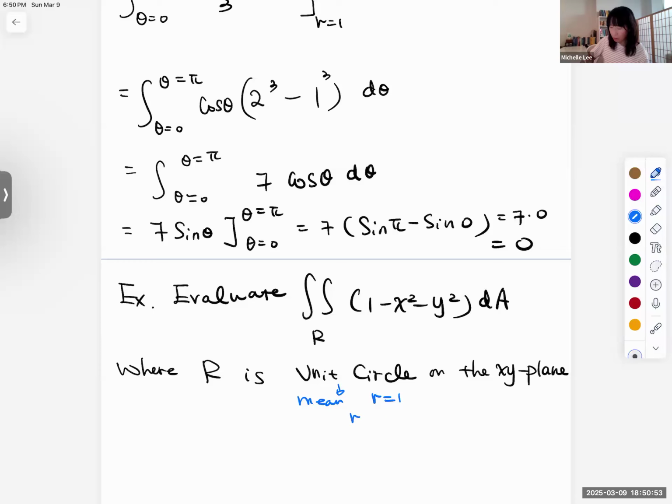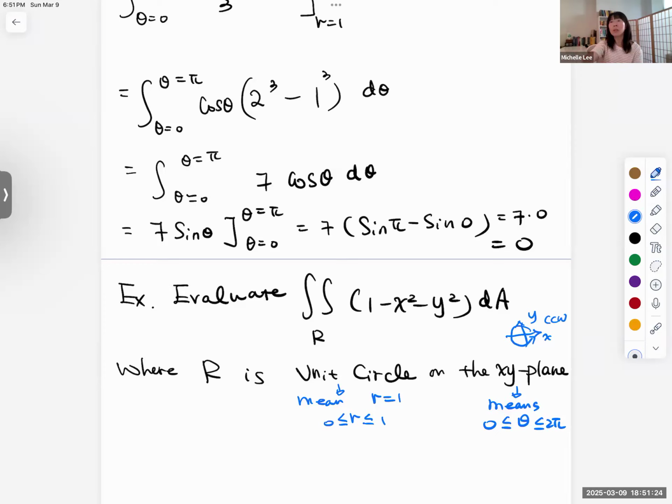Then we can express the radius between 0 and 1. And then they said that on the xy plane, so from 0 to 2 pi, right? Means theta is between 0 and 2 pi. Yeah, xy plane. Counterclockwise, yeah?